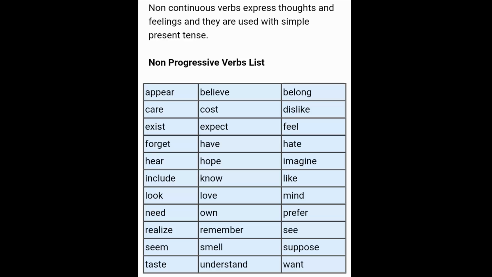Here is the list in front of you where you can read: appear, care, exist, forget, hear, include, look, need, realize, seem, taste, believe, cost, expect, have, hope, know, love, own, remember, smell, understand, belong, dislike, feel, hate, imagine, like, mind, prefer, see, suppose, and want.